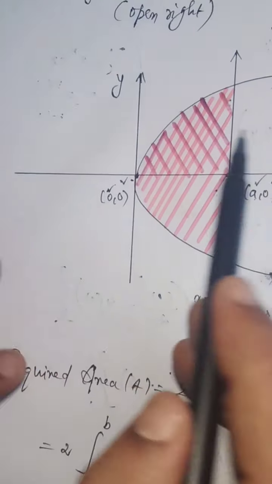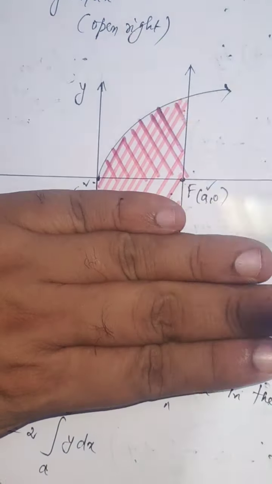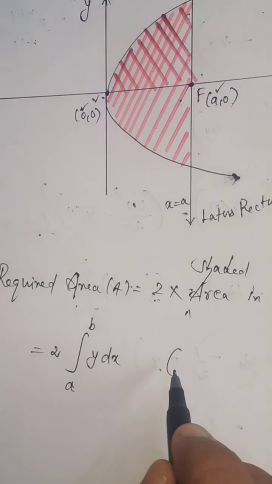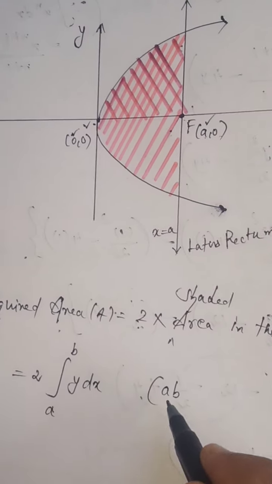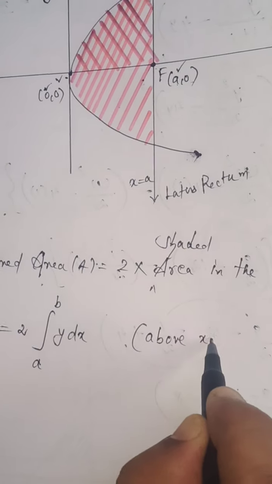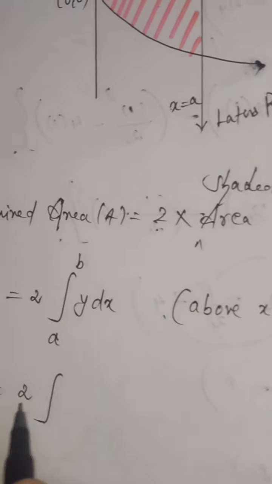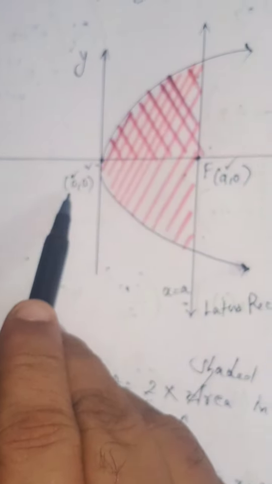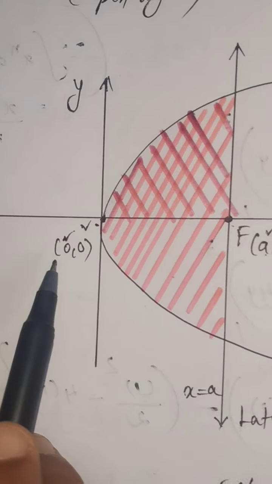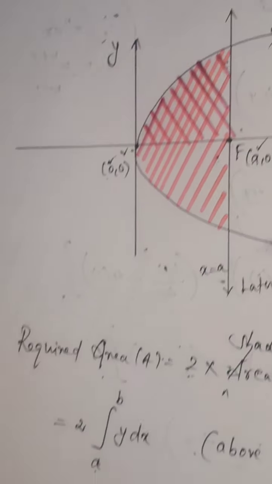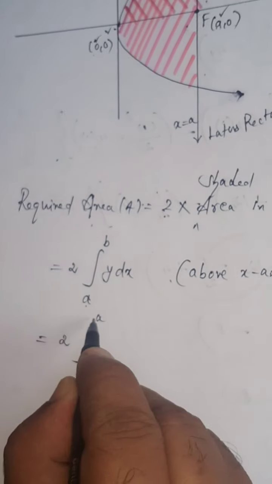This region completely lies above the x axis. In this region, what is the starting limit? You have to consider only the x coordinate. 0 is the lower limit and a is the upper limit.